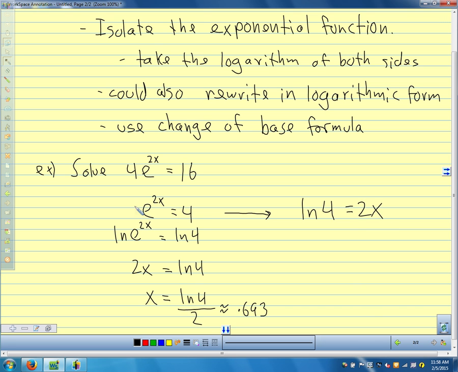We're just rewriting this in logarithmic form. And so x equals the natural log of 4 over 2. We get to the same place. Sometimes this is shorter, easier, but they both work. They both get you to the same place.